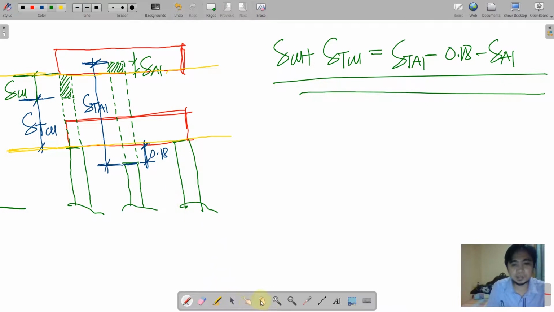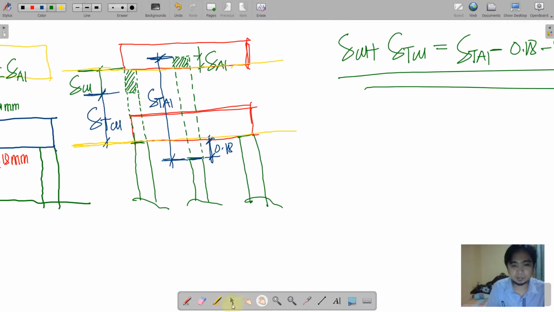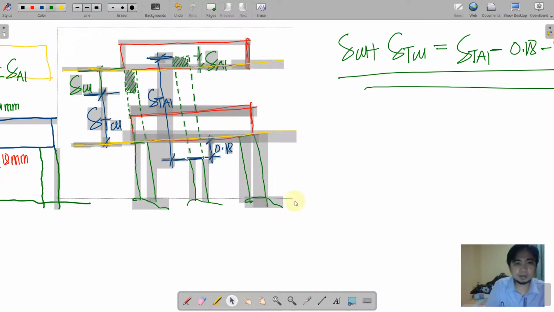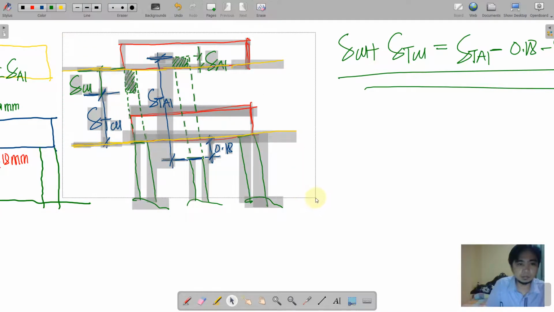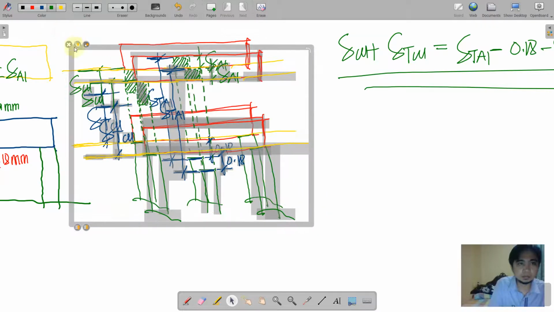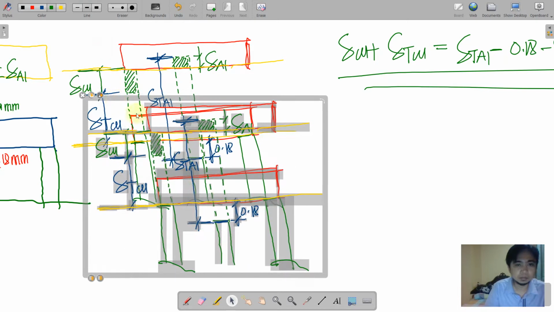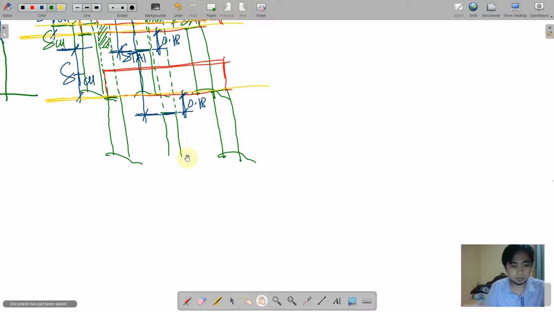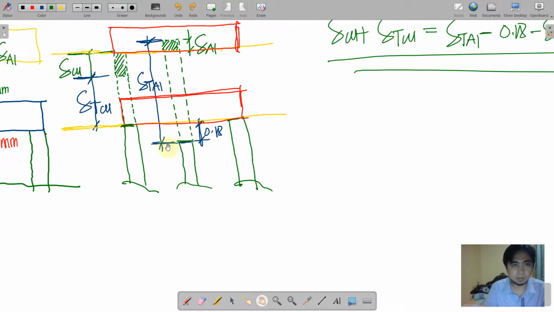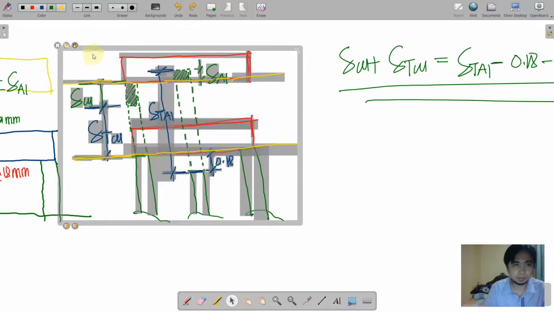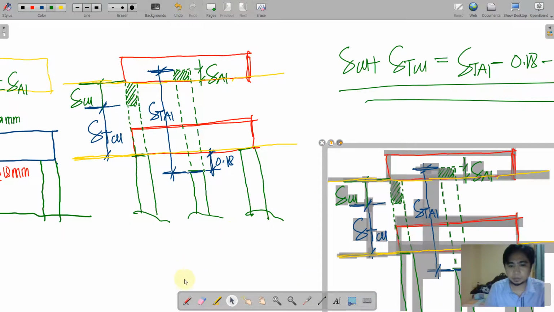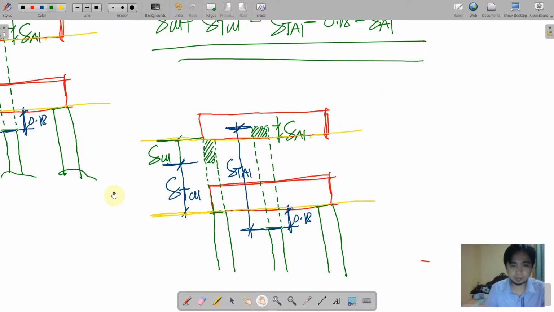So if you have a strategy, a different reference line, say, because it is actually your option where to place your reference line.